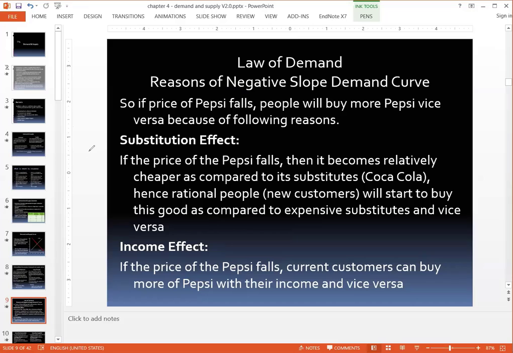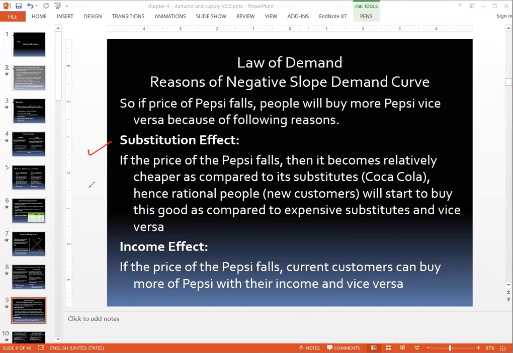I will explain the substitution effect first. The substitution effect is when the price of Pepsi falls, it becomes relatively cheaper compared to its substitute, which is Coca-Cola. So when Pepsi reduces its price, it becomes cheaper than Coca-Cola. Hence, rational people who maximize their resources, or new customers who are rational, will start to buy this good as compared to the expensive substitute.